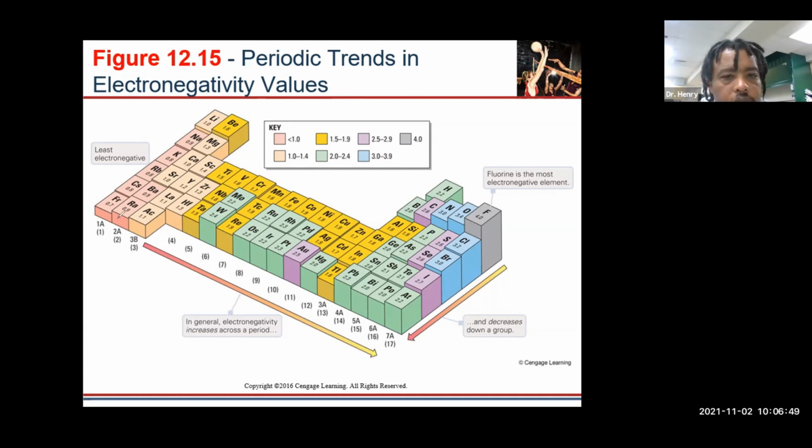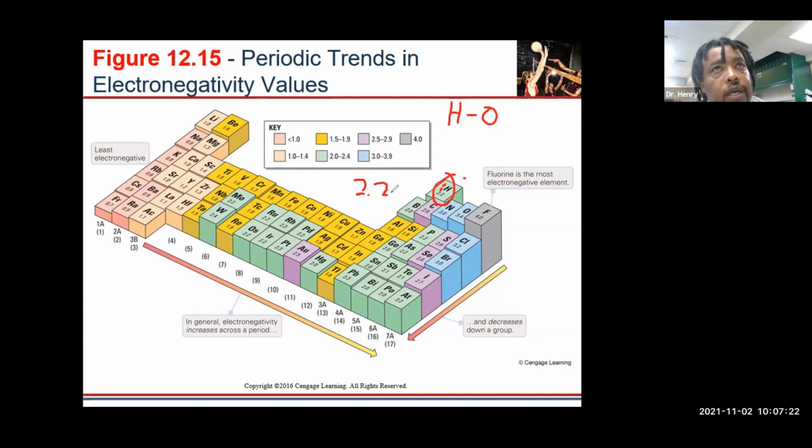So the rule is, if we're looking at polar bonding, say the bond between hydrogen and oxygen in the case of water, we look at the electronegativity of each and take the difference between them. Hydrogen has an electronegativity of 2.2.